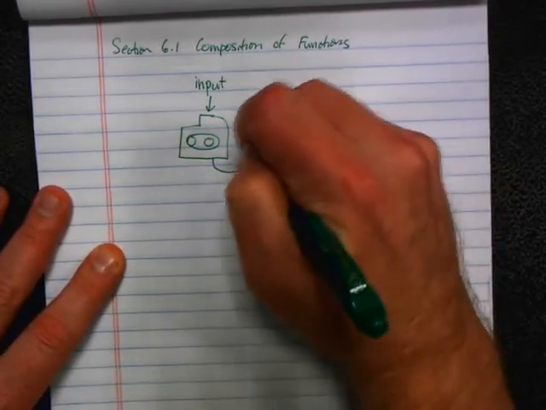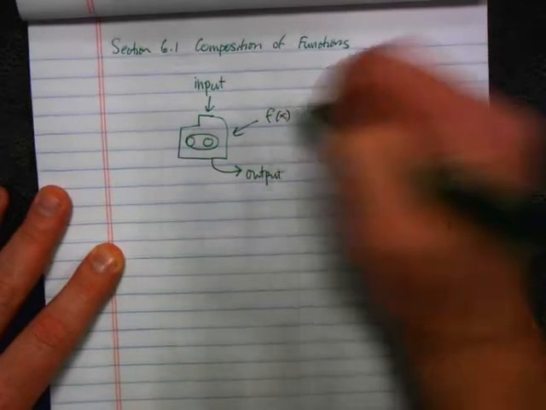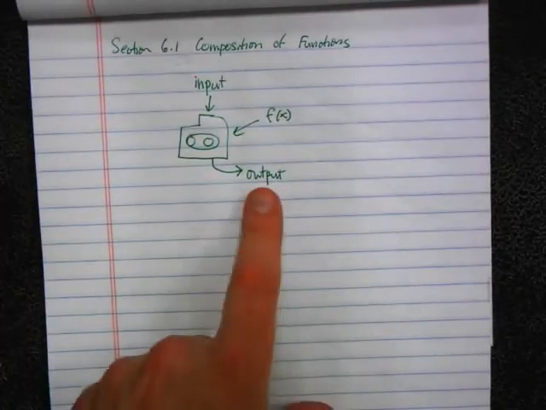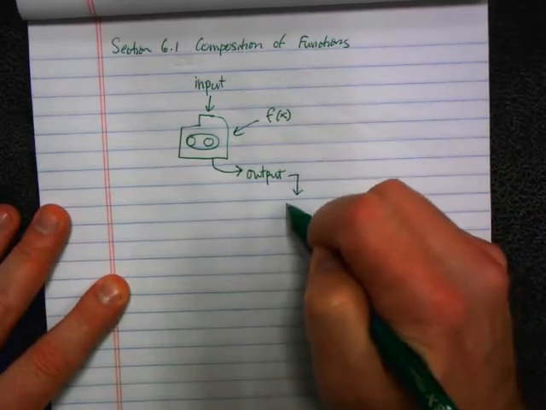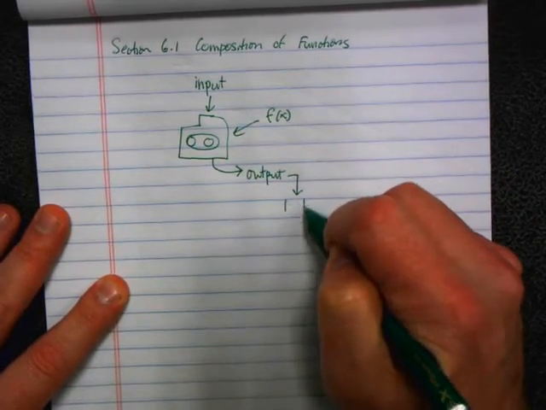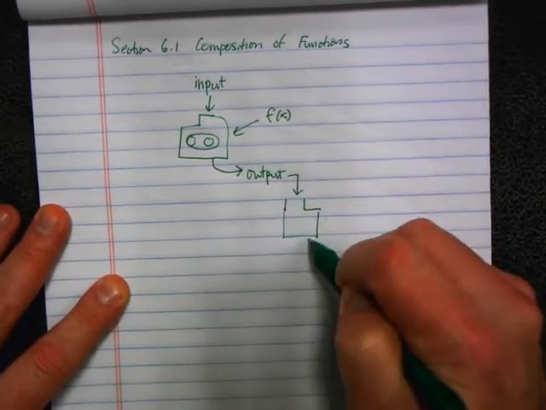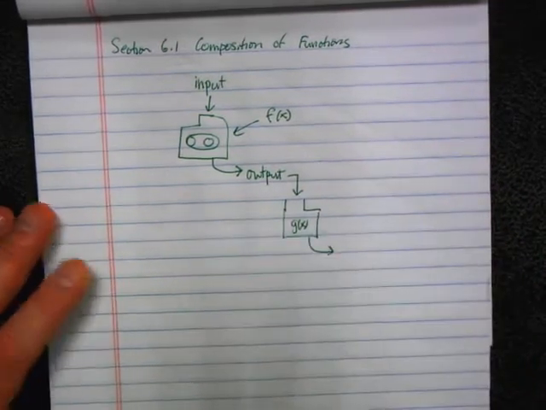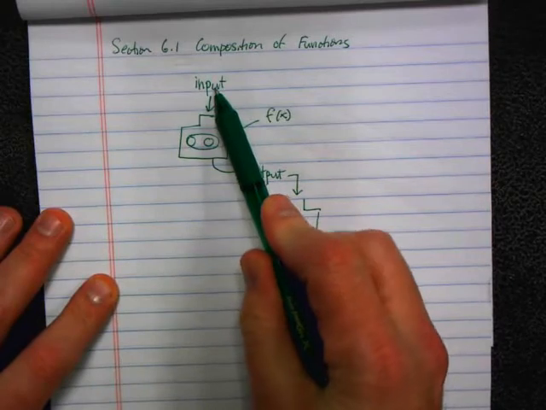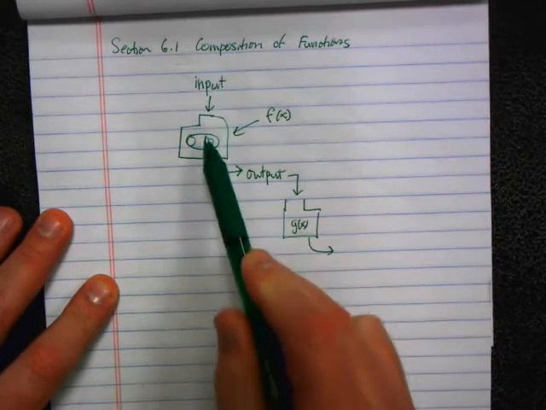So this first function might be called f of x. What you're going to do with that output is you're going to take that and plug it into another function. So this one would be called g of x. So you're going to take an input, basically a number, and plug it into a function.